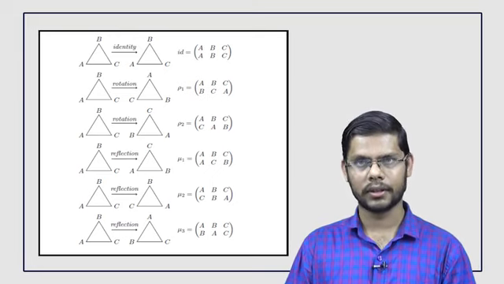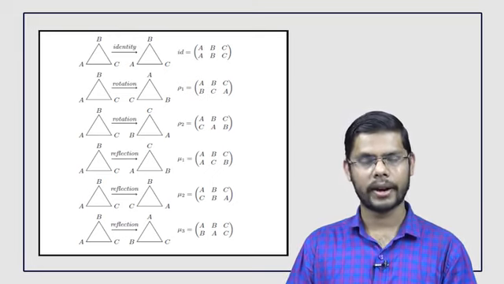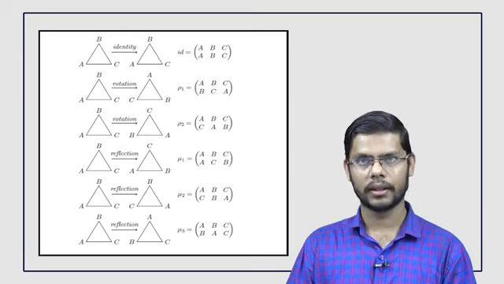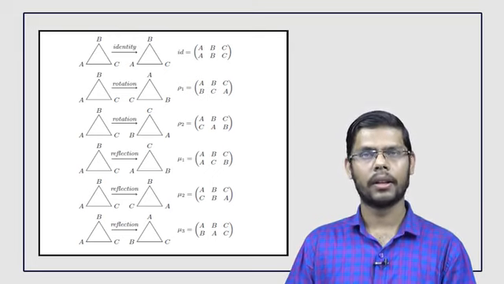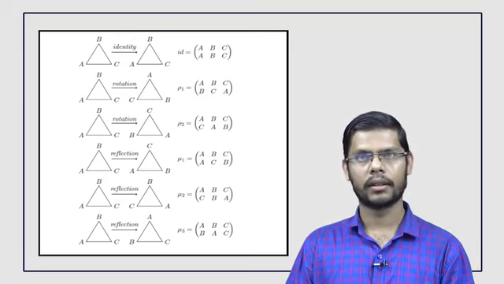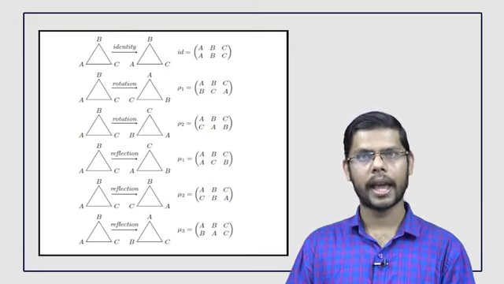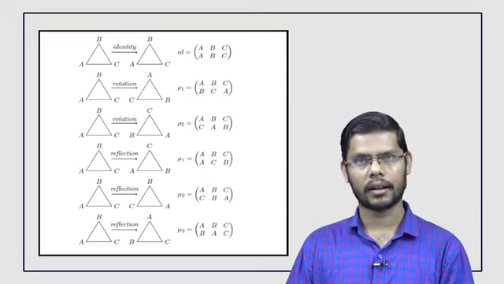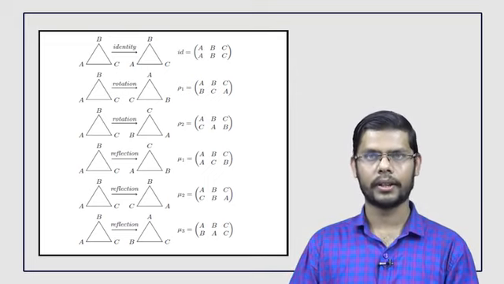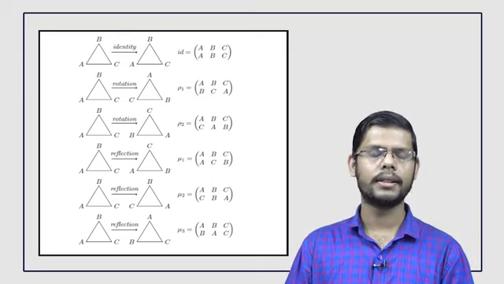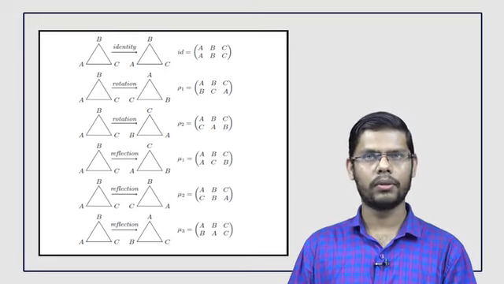For that reflection, the vertices change: A remains the same, A to A, but B goes to the point C and C goes to the point B. And in the fifth picture, we reflect this triangle with respect to the line that goes through the point B and meets the line AC perpendicularly. For that reflection the vertices change: A to C, B to B, and C to A.